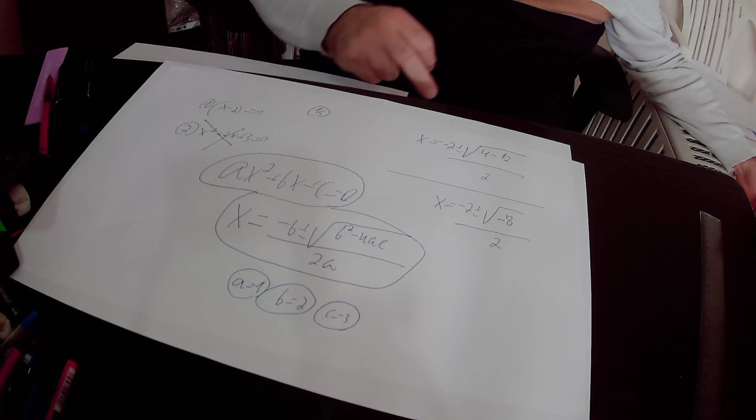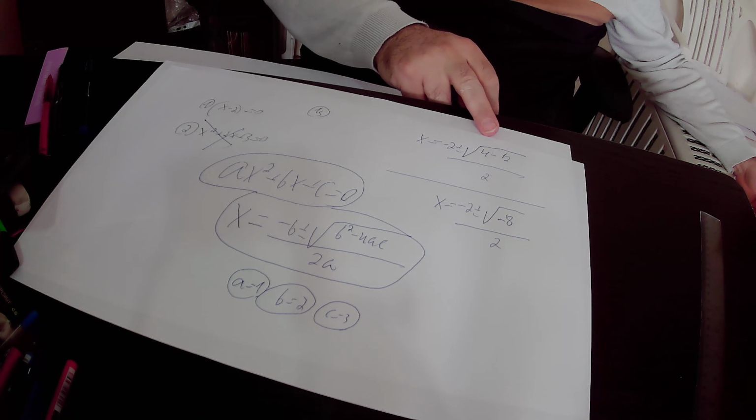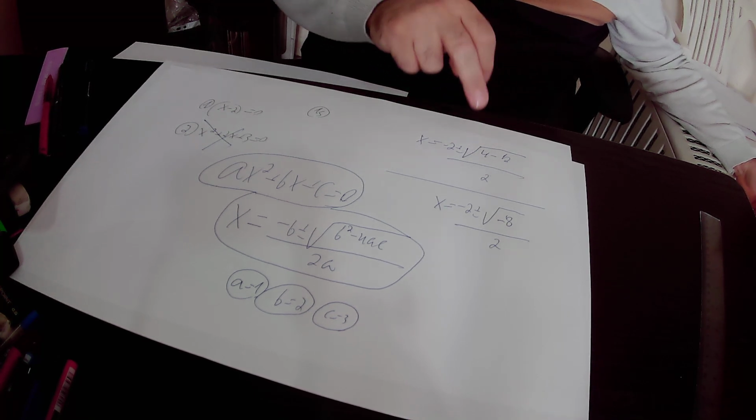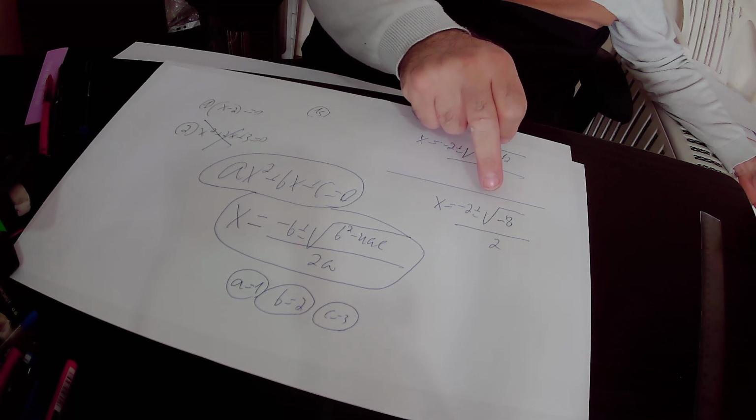In total we got x equals minus 2 plus minus root of 4 minus 12, over 2. 4 minus 12 is minus 8. So x equals minus 2 plus minus root of minus 8.